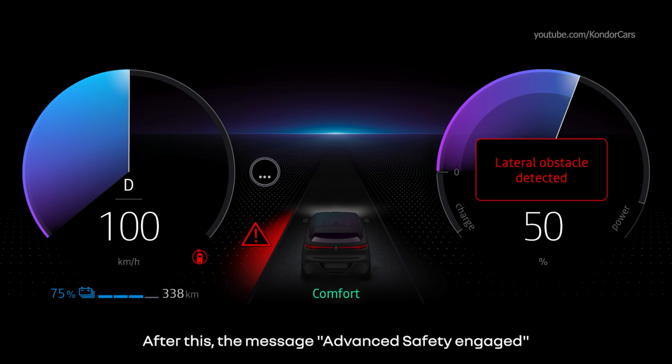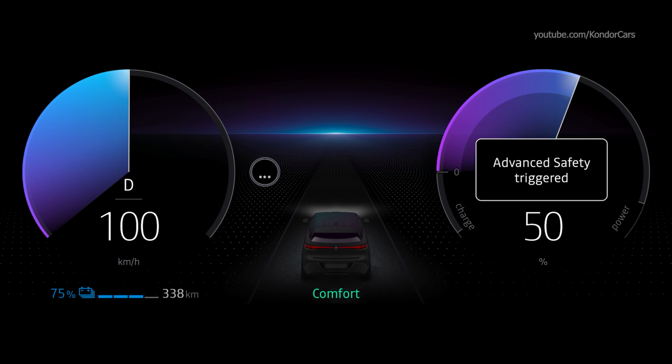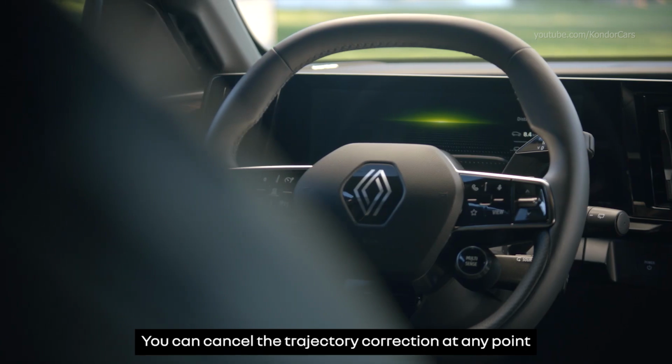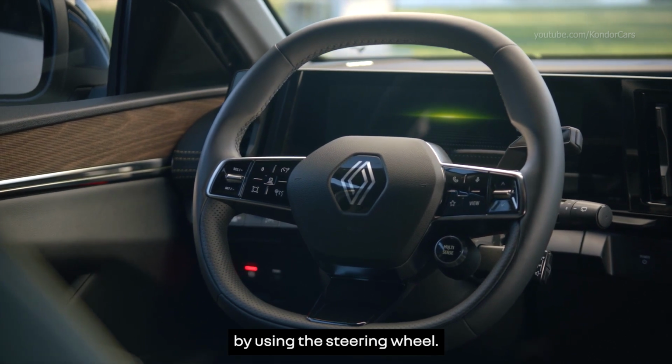After this, the message "Advanced Safety Engaged" is displayed on the instrument panel for around 3 seconds. You can cancel the trajectory correction at any point by using the steering wheel.